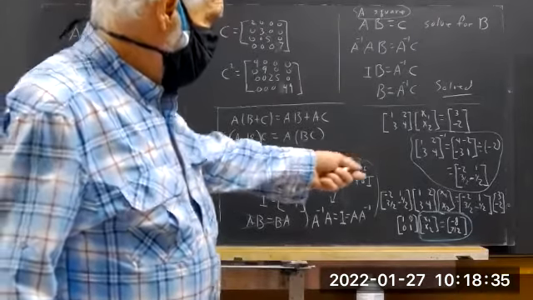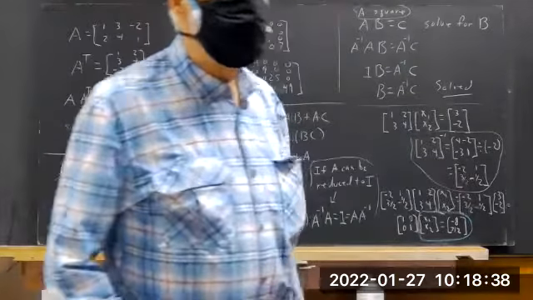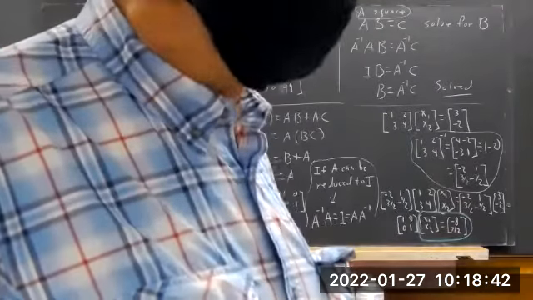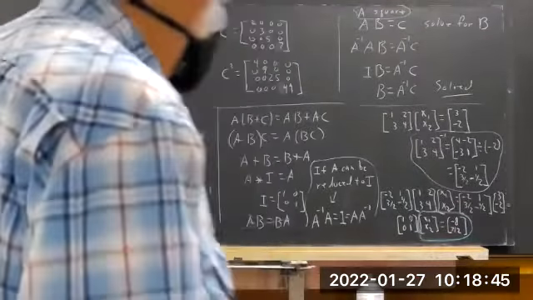Now, there's a simple rule for inverting a 2 by 2 matrix. It doesn't work for any bigger matrix. For bigger matrices, you have to do something different.